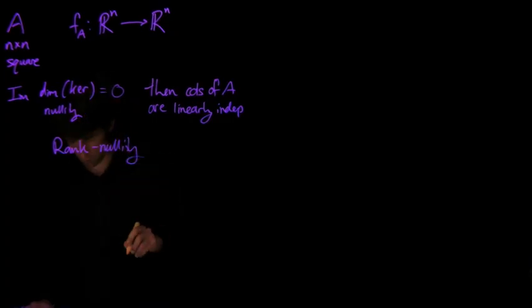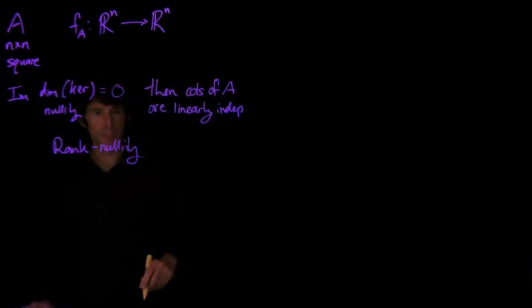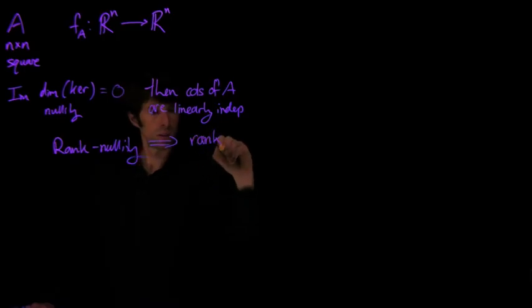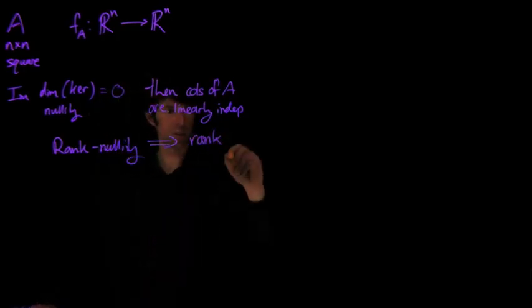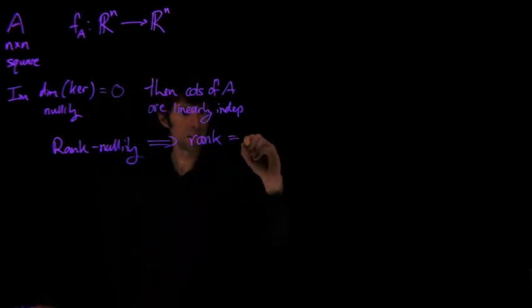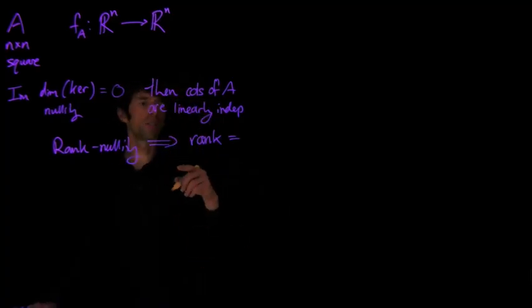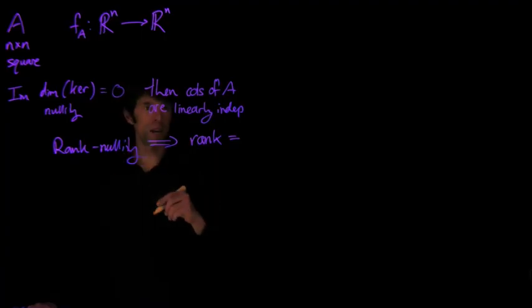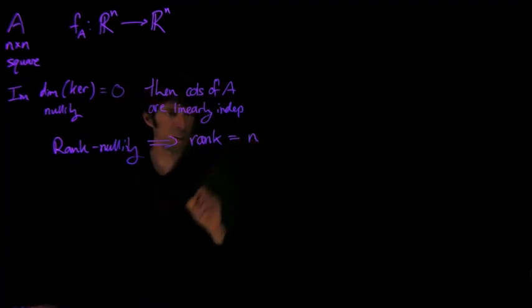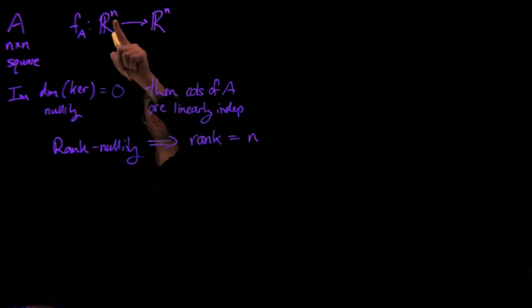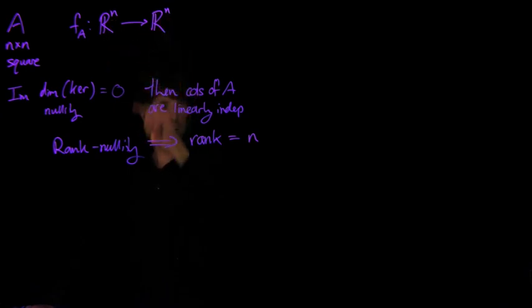If the columns are linearly independent, we've got rank nullity. This rank nullity theorem tells us that the rank of this matrix A is equal to the dimension of the codomain, which is n here. But the dimension of the domain is equal to the dimension of the codomain.